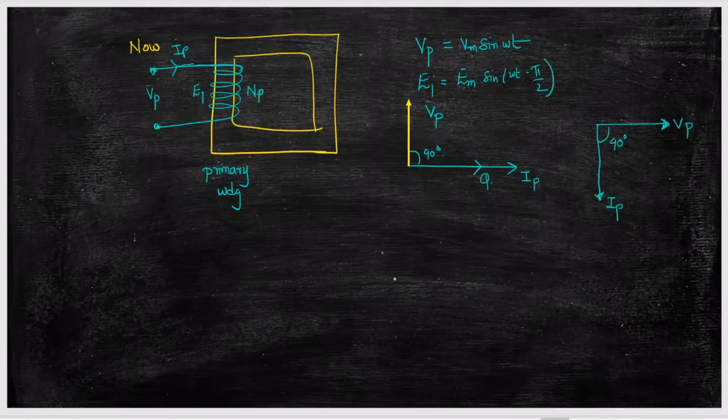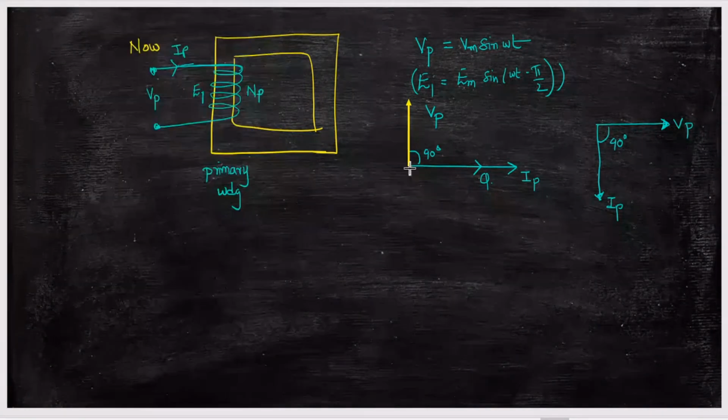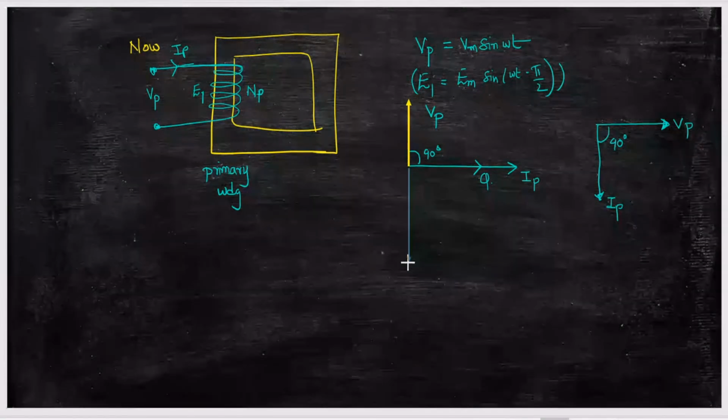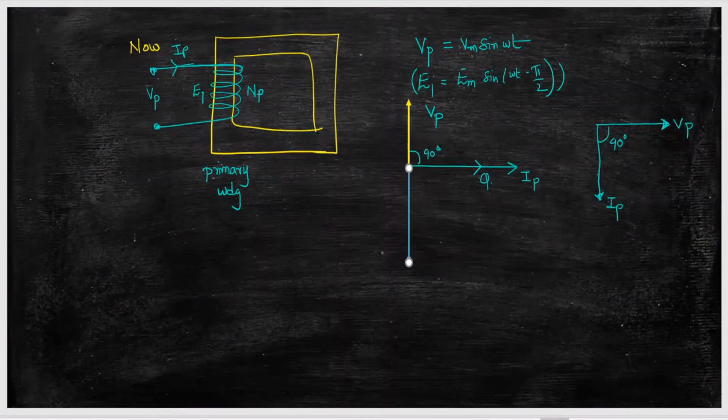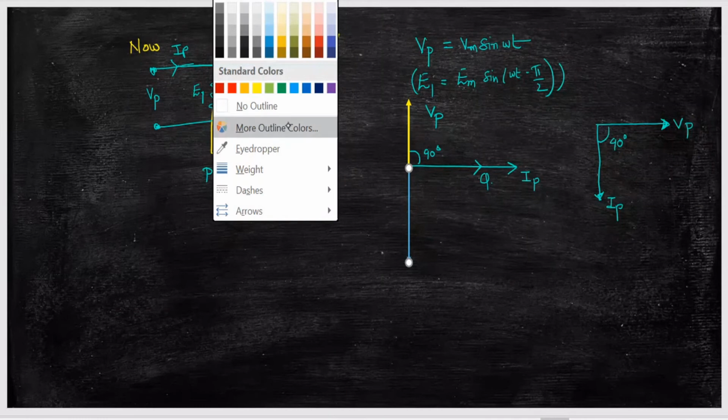The current is responsible for creating the phi. So we derived this E1 with respect to phi, and with respect to phi, your E1 is lagging 90 degrees.